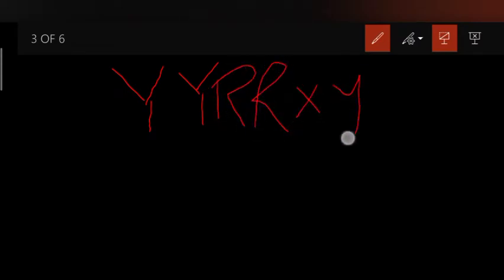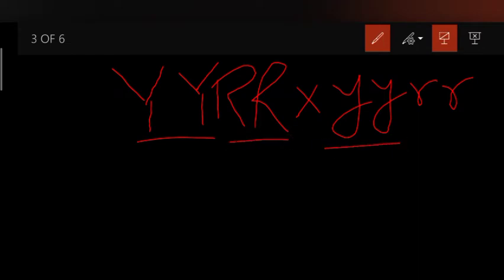So suppose crosses are made between yellow round and green wrinkled ones. This is the P generation.